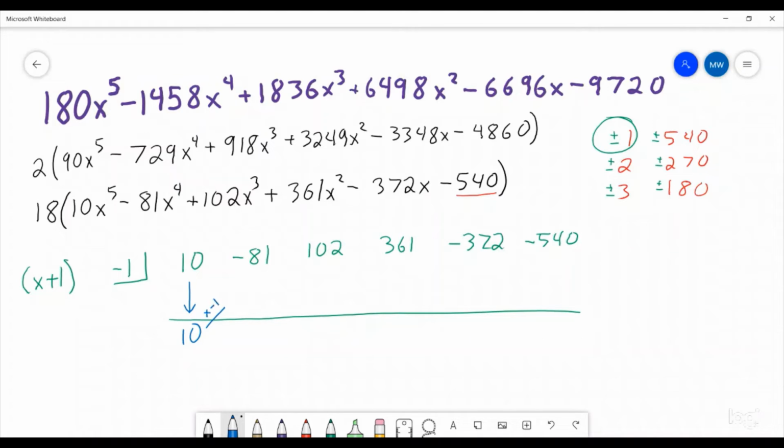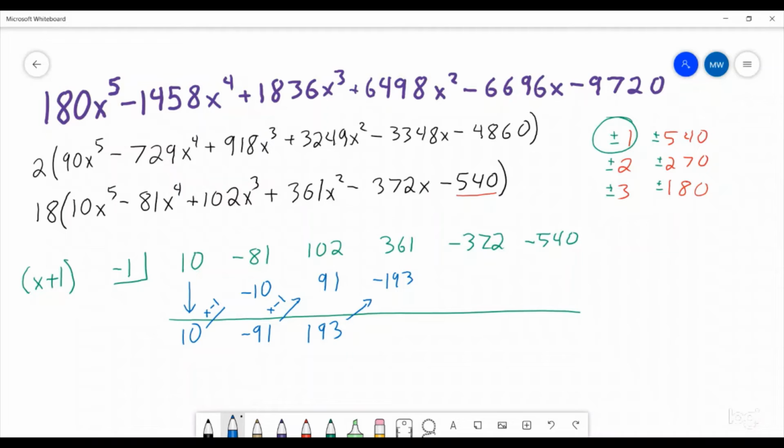Multiplied by minus 1 becomes a minus 10. So that's a negative 91. Oh, and then when we go here, remember we multiply by negative 1. So that becomes a positive 91. So it becomes a 193, a minus 193 when we multiply it up by minus 1.